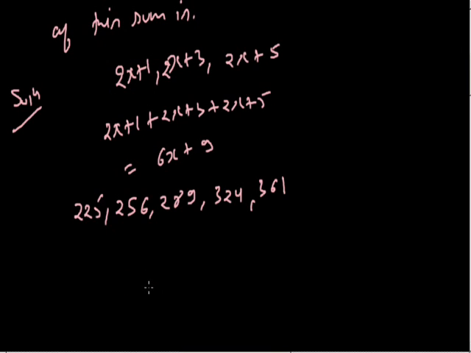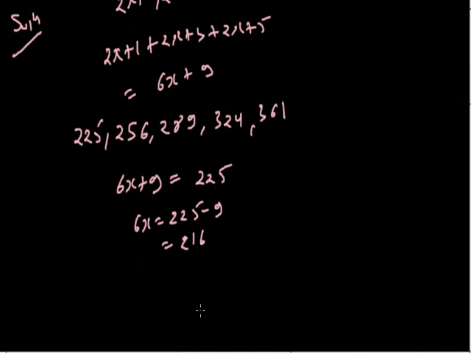Here we will see that only with 225 do we get a natural value of x, that is 6x plus 9 should equal 225. So 6x equals 225 minus 9, we get 216, and we get x as 36.